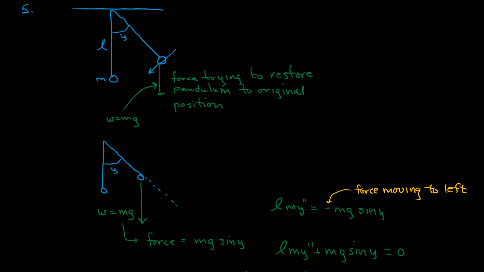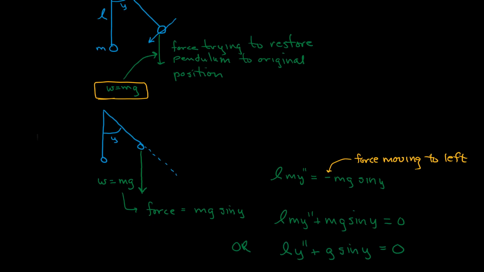The force, in part, depends on the weight. Now, remember, weight is the mass of the pendulum times gravity. So we can move from weight to mass by multiplying by the gravitational constant.